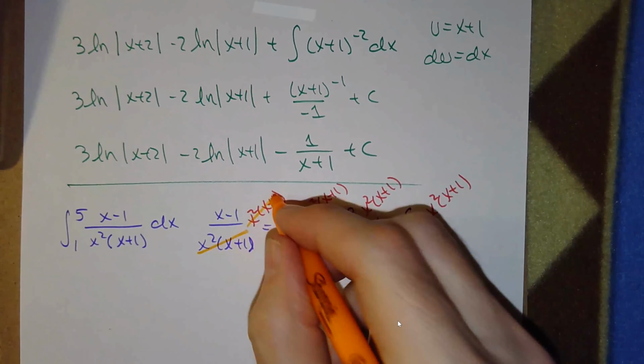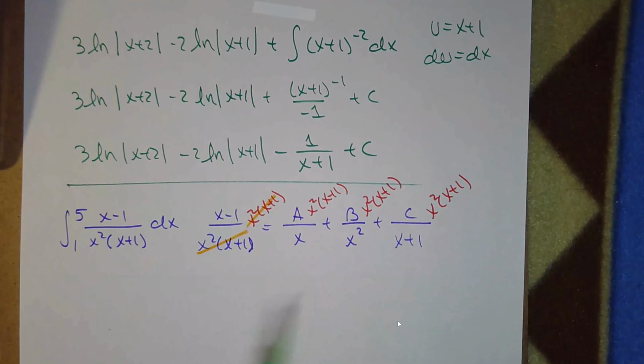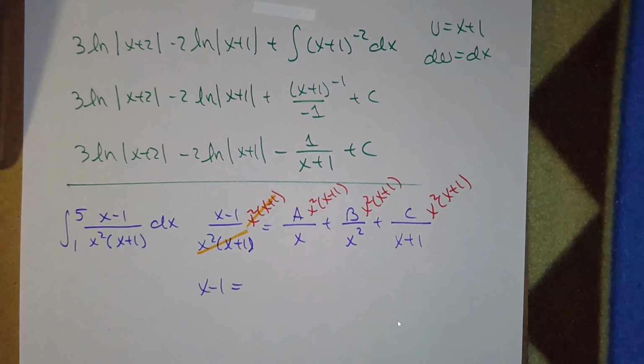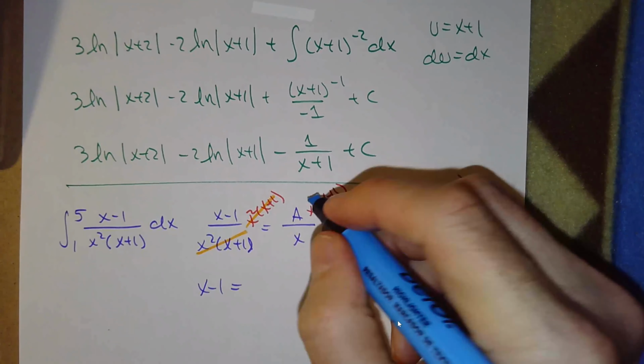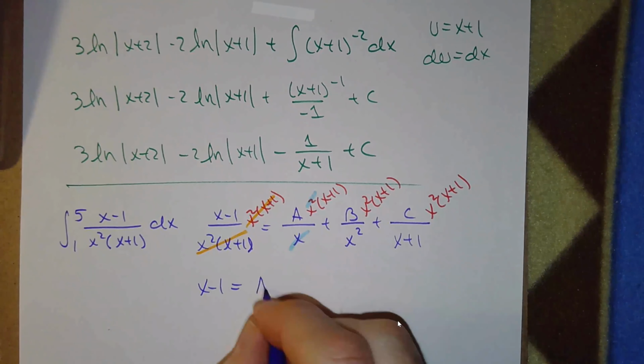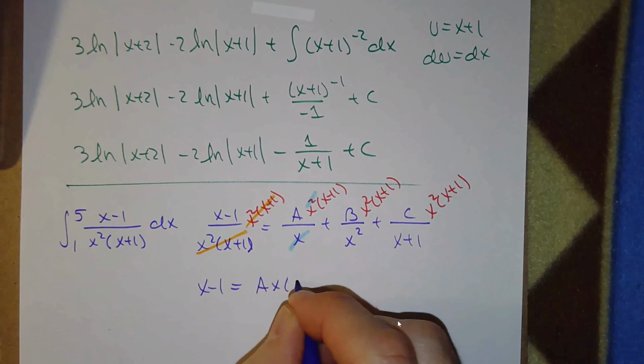Here, everything cancels, so it leaves me with x minus 1. On the right-hand side, just one of the x's cancels. It's going to leave me with a times x plus 1.